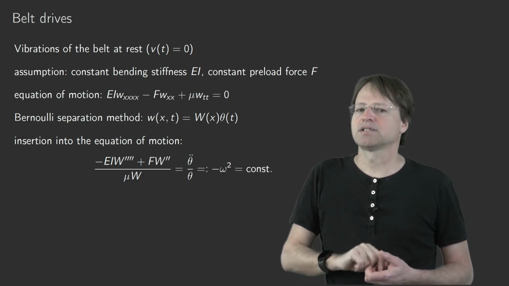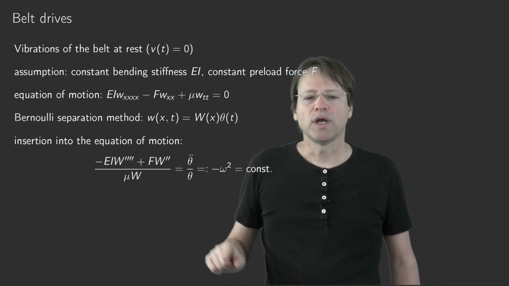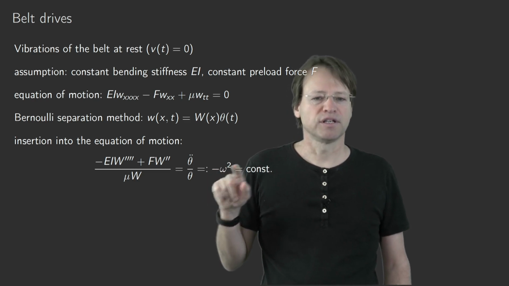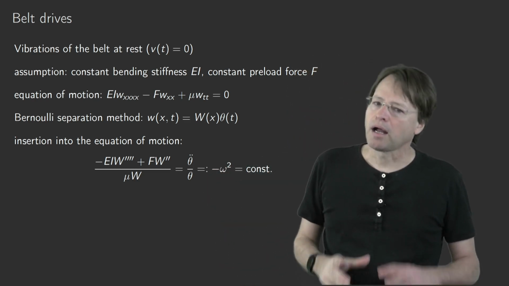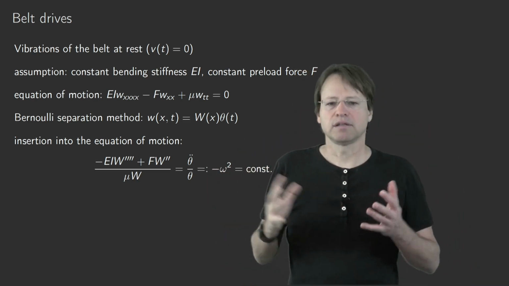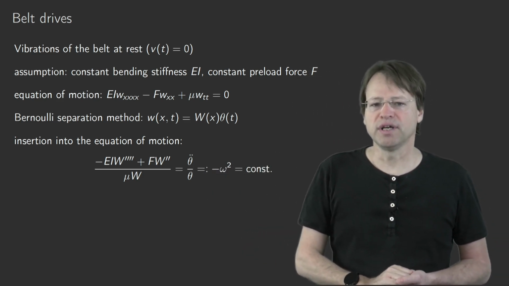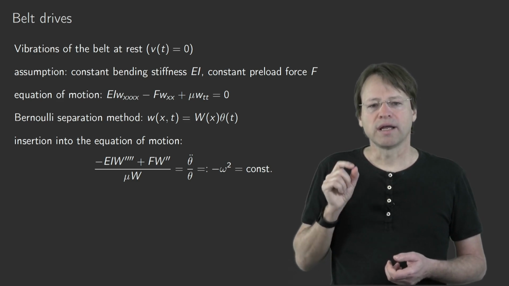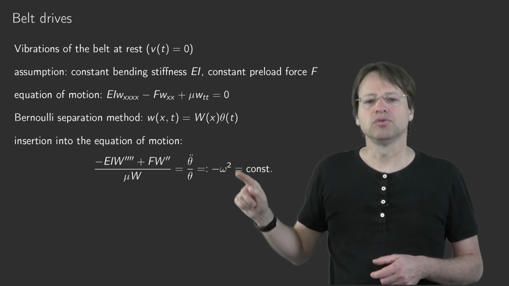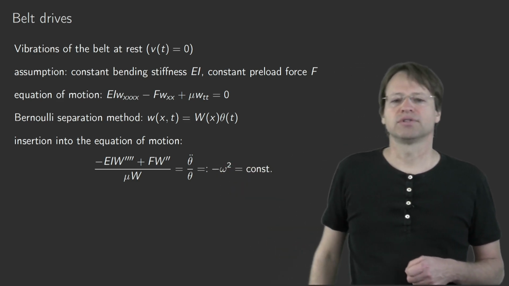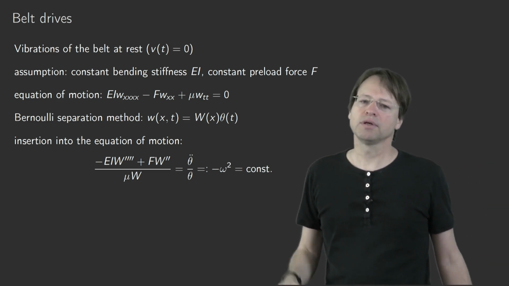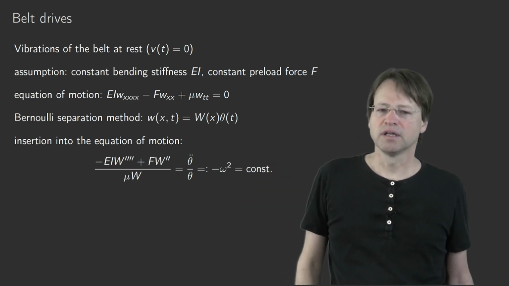You might ask at that point, why do you put minus omega squared here? You would say, okay, I understand, then you get the nice single degree of freedom oscillator. But why and how do you know that you can exclude positive values here for that constant? Why do you know that that constant is negative?